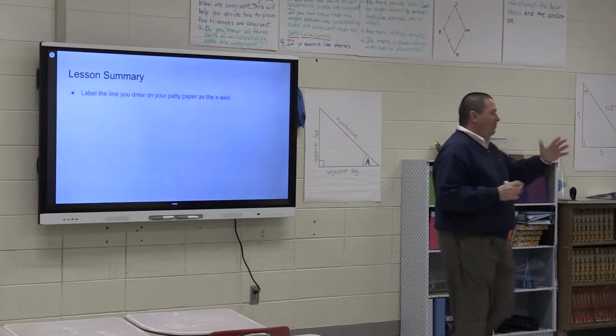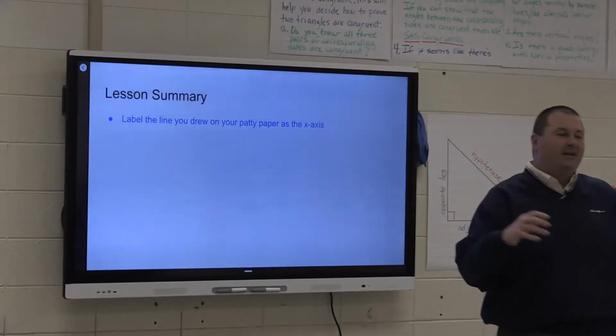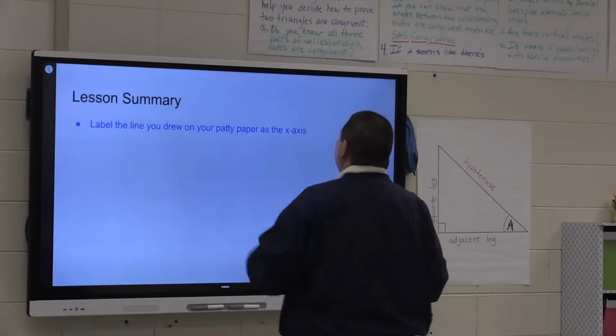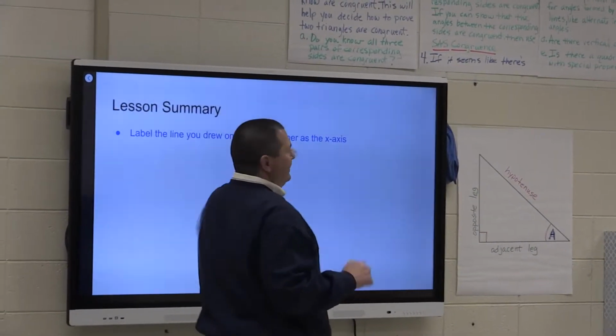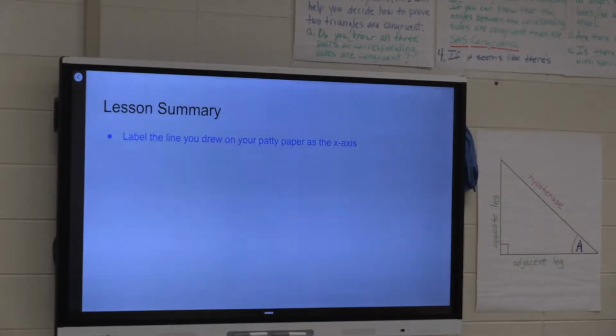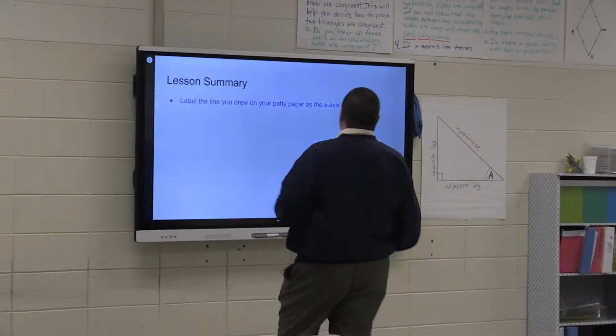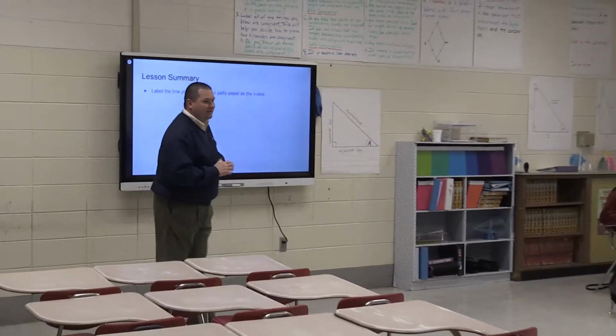All right, kiddos. Take your patty paper now, please, the one that had the parabola on it. The line that you drew across there to start with, label that as the x-axis, please.